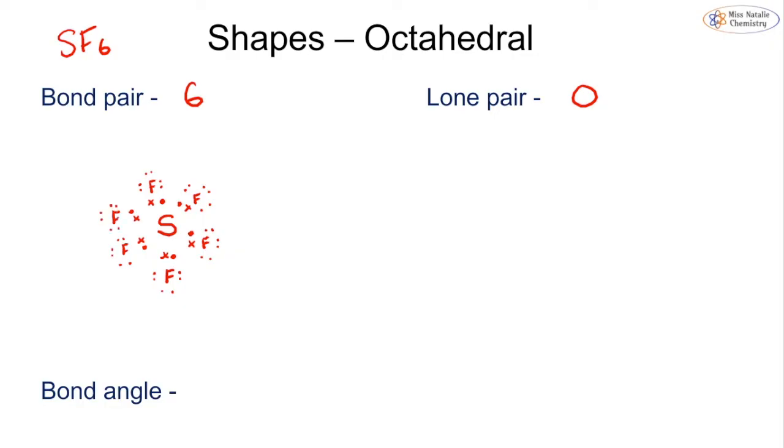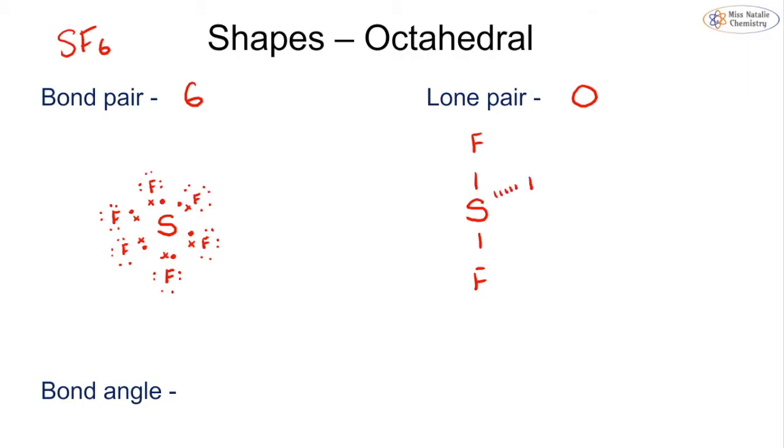Okay, now that of course can become quite confusing when you start to draw it out, which is why we have the shapes that we're looking at here. So we have the sulfur in the center, and we have a fluorine at the top and a fluorine at the bottom. And similar to the trigonal bipyramidal, the rest of the atoms involved are going to be in the center, but this time they are going to be in a square shape.